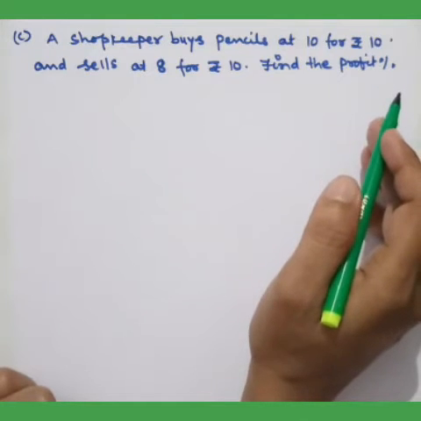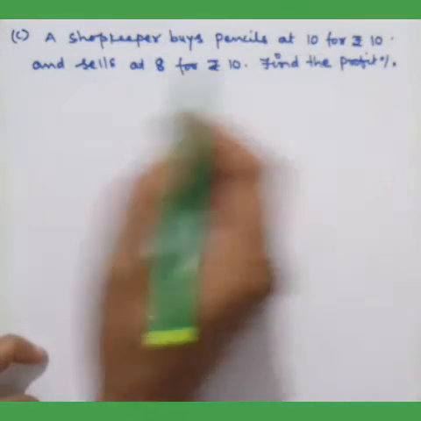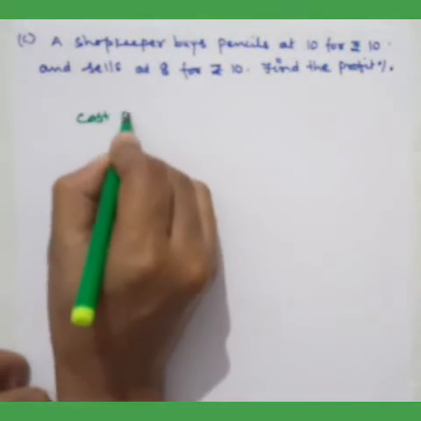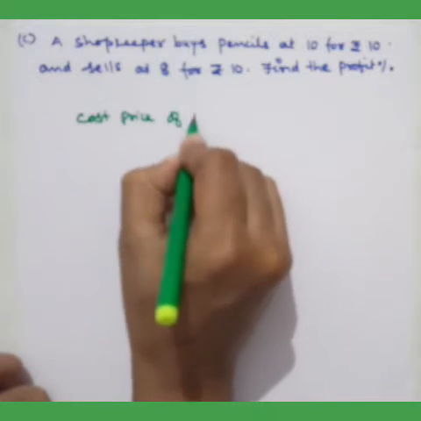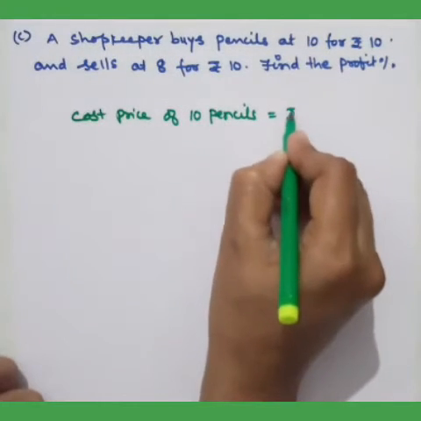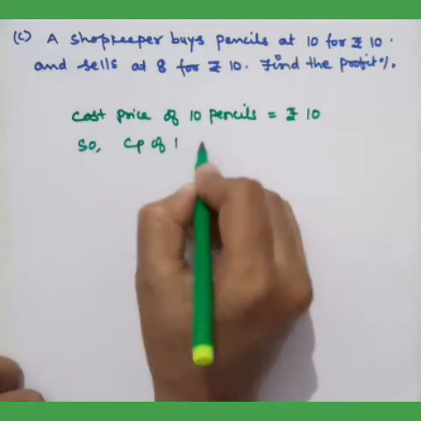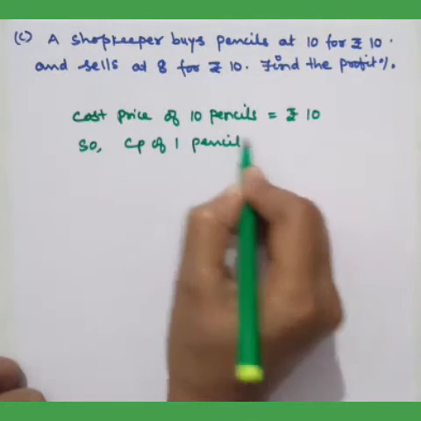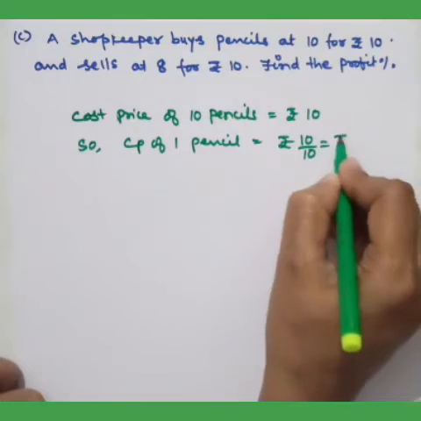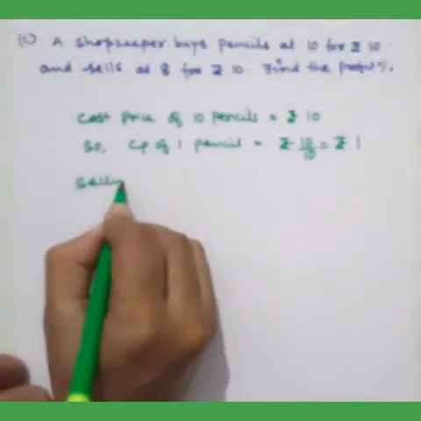So here we have to go for one object. So see, write down the first sentence. Buys. So cost price of 10 pencils is equal to how much? Rupees 10. So CP of one pencil will be 1 rupee. Rupees 10 by 10, that is rupees 1. Okay. Now see, selling price.